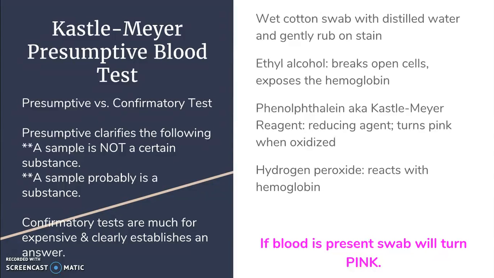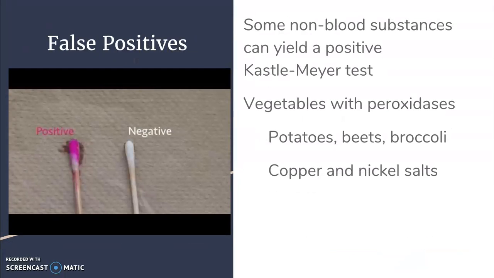So basically what will happen at the end of this, and you're going to watch a video over this, if blood is present, the swab will turn pink. Okay, so blood is present, pink. Blood is not present, it'll be white. And you can see in the picture right there, the positive is on the left and the negative is on the right. Sometimes non-blood substances can yield a positive test. Some vegetables and some different salts can do that.